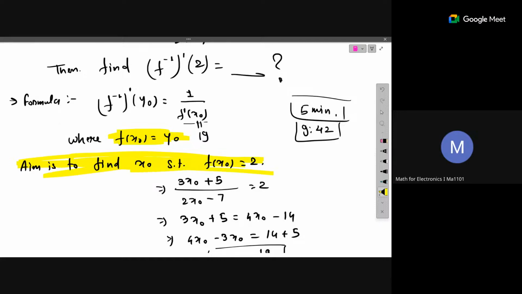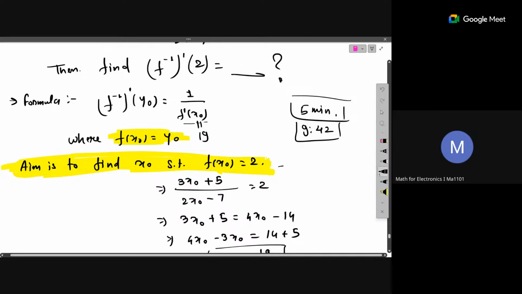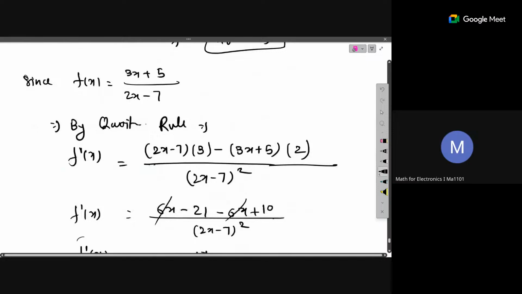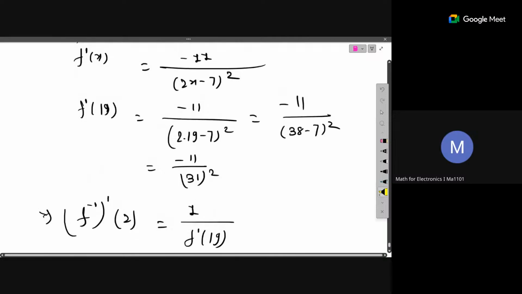The second step is the derivative of f, and the third step is to substitute the values. If you complete this step, then you just have to compute the derivative and substitute it in the formula.